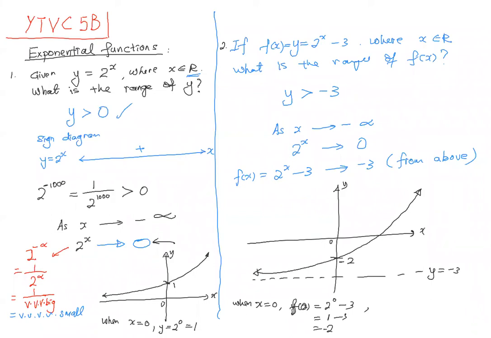Okay. So how about the x-intercept then? I have to put 0 equal to 2 to the power of x minus 3. So that means 2 to the power of x is equal to 3. Who can tell me what is the value of x in this case when 2 to the power of x is equal to 3? Hafiz?